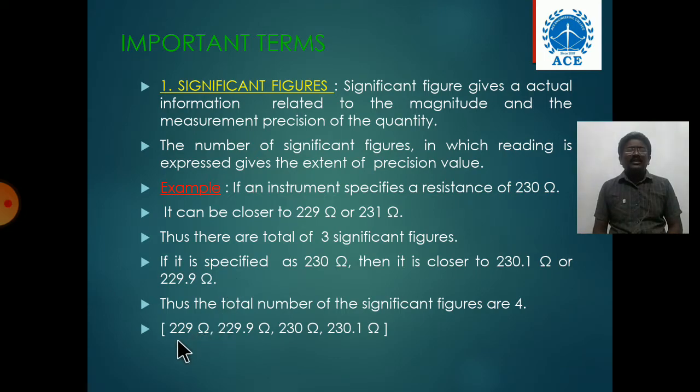You can observe like this: start from 229 ohms, the next value 229.9 is closer to 230, after that you can write 230.1. So here we have 4 numbers, so the total number of significant figures is 4. This is the idea about significant figures.